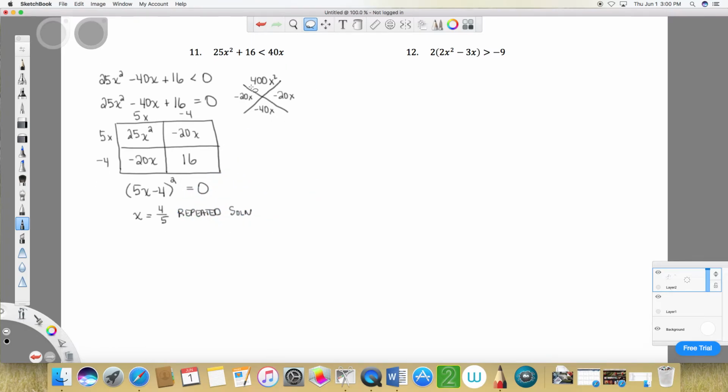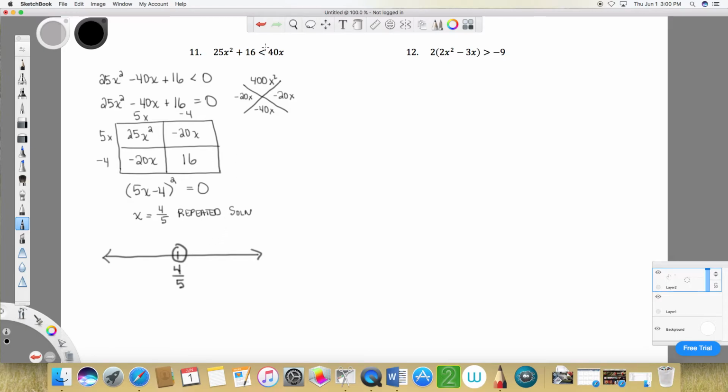Yes, with the quadratic equation, when the exponent is 2, we're expecting 2 solutions, but in this case, we only have 1 because it's a repeated solution. So if we go to our number line and put 4/5 in here as a critical point, I need to determine whether to shade or not to shade this number.